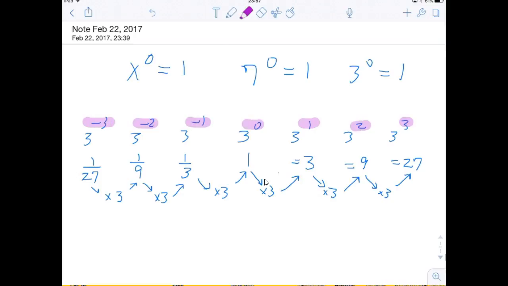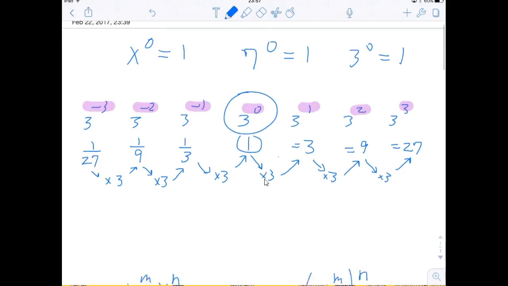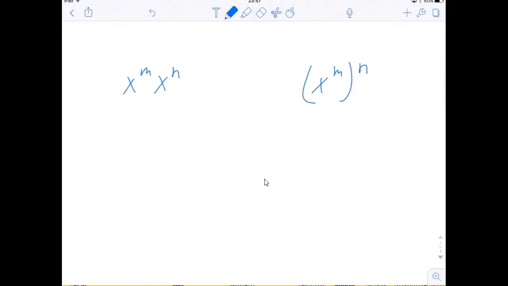So do you see how we've kind of inferred that 3 to the 0 corresponds to a value of 1 by completing the geometric sequence here? That's why 3 to the 0 or anything to the 0 equals 1, even though it doesn't really seem obvious. Let's go to the next rule.